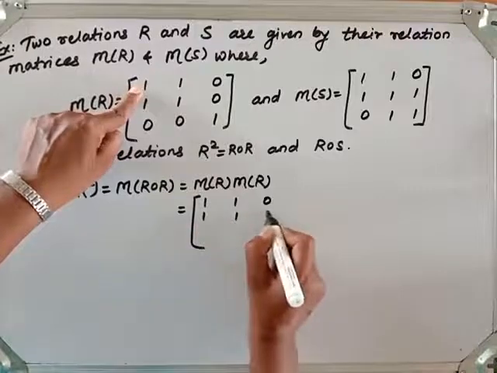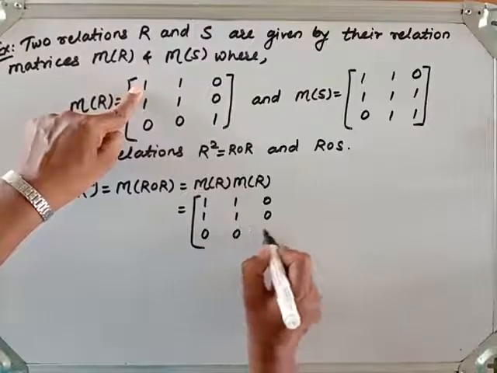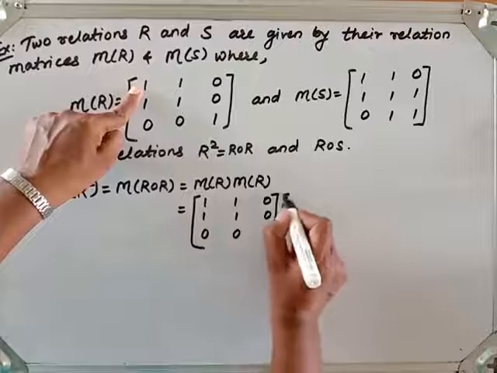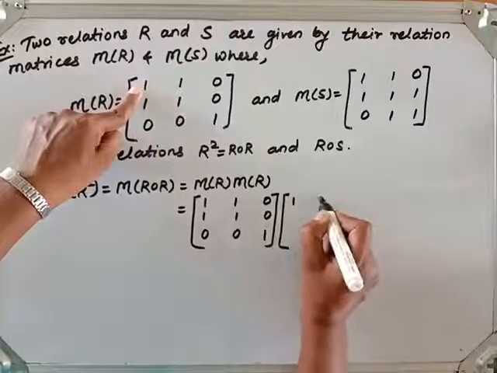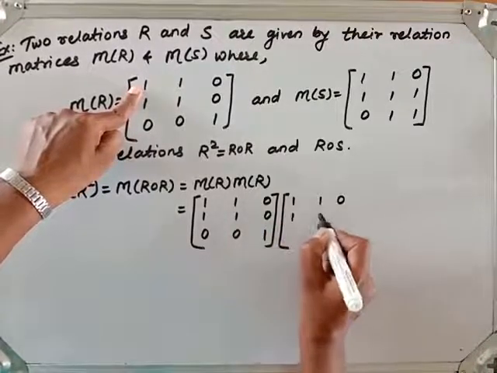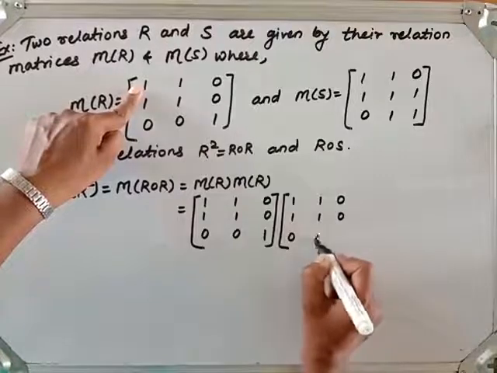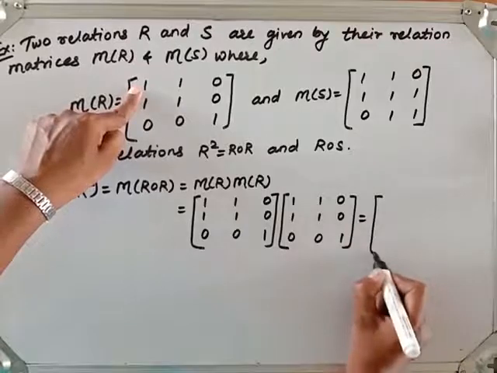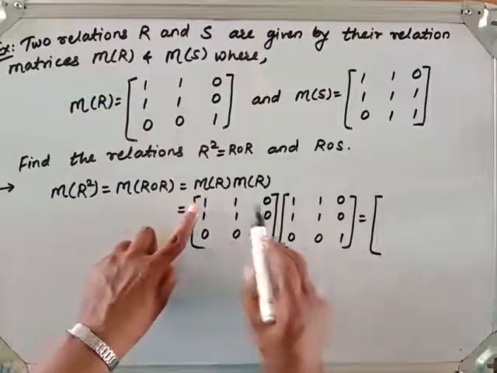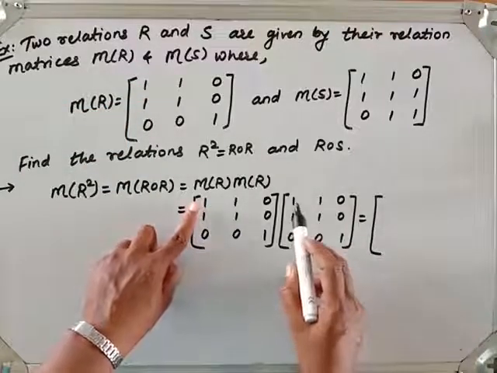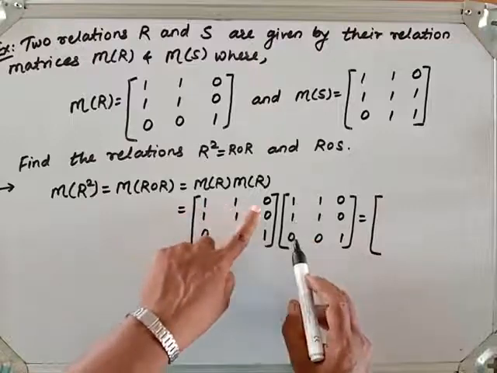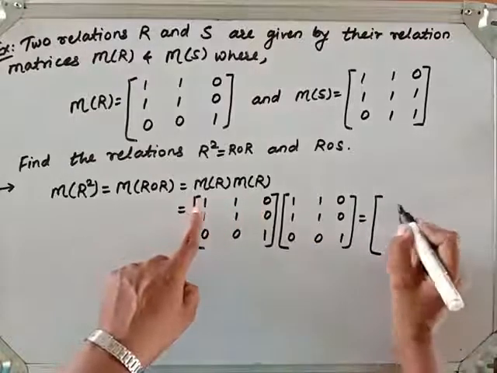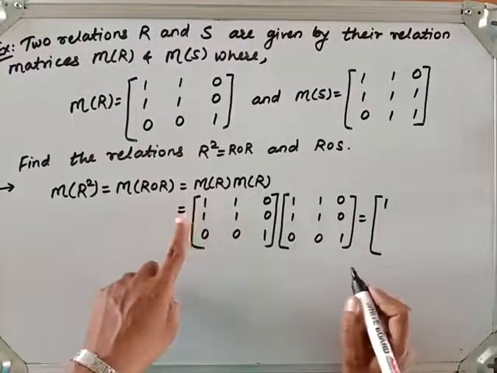So 1 1 0, 1 1 0, 0 0 1, into again 1 1 0, 1 1 0 and 0 0 1. So what product do we get? Look here, first row first column: 1 into 1 plus 1 into 1 plus 0, so 1 plus 1 will be 1.